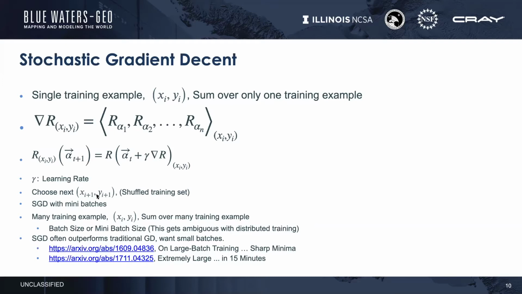Instead of taking up lots of memory resources by loading your entire data set, you only load a subset of your data set, the mini batch of it. You partition your training set into mini batches. You load the first batch, evaluate the loss function, take the gradient, update the weights, and then take the next batch, evaluate the loss function, compute the gradient, update the weights, and so forth.